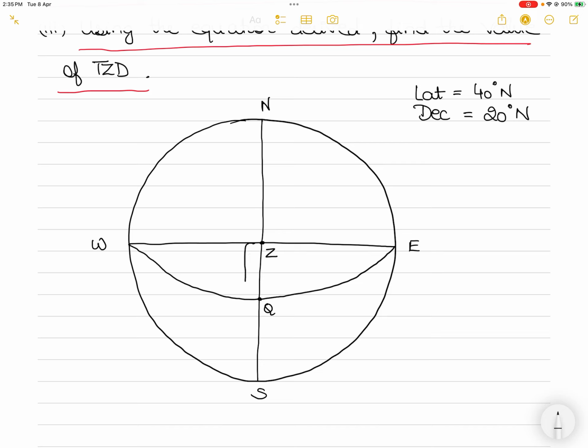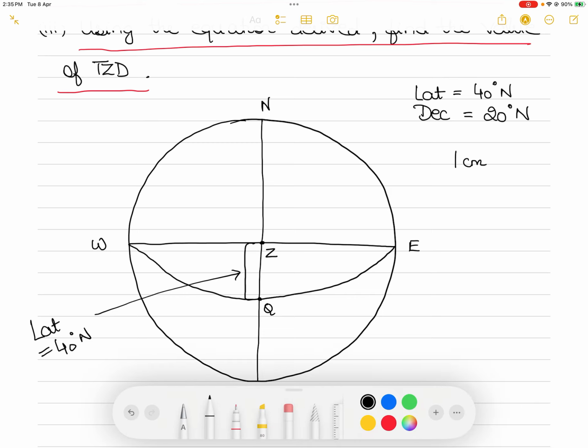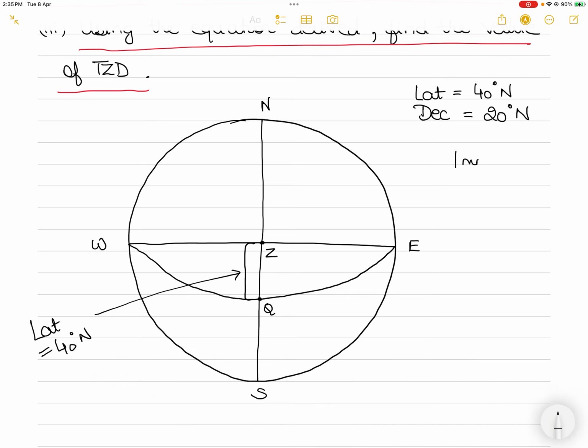Now ZQ is equal to the latitude, which is 40 degrees north. Your scale here could be, depending on how large the page is, 1 centimeter, or if you want a smaller scale, you can have 1 millimeter as maybe 10 degrees of latitude.